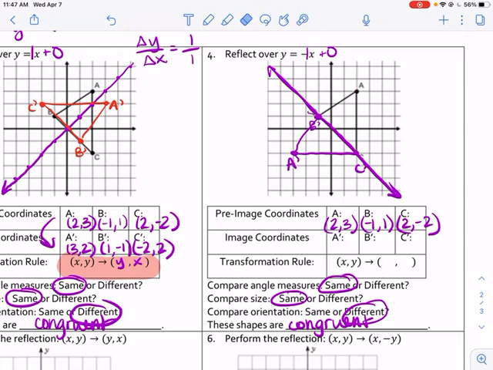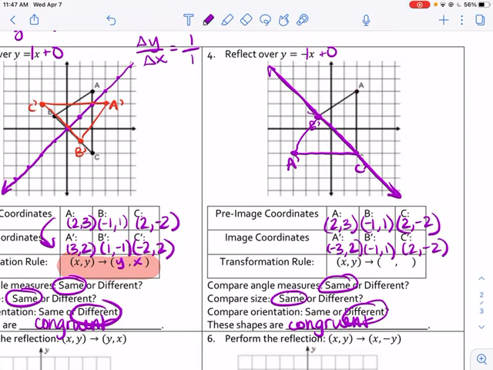So let's figure out what the transformation rule is. Our B coordinates are the same, negative 1, 1, and our C coordinates are the same, 2, negative 2. Our A coordinates, instead of 2, 3, we now have negative 3, 2.